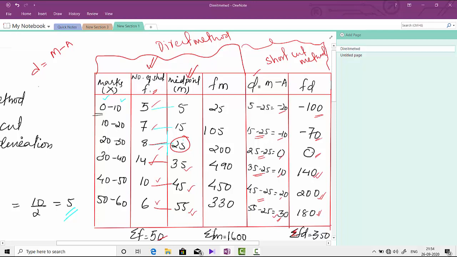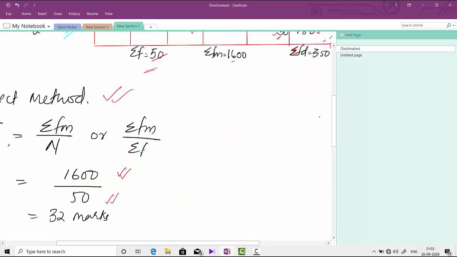Now once you find out the value of FD, you see that there are minus values and plus values, so you have to add up all of it. If you add all the plus values, 200 plus 100, 300, 400, 480, 520, you will get 520. If you add up the minus values, you will get minus 170.